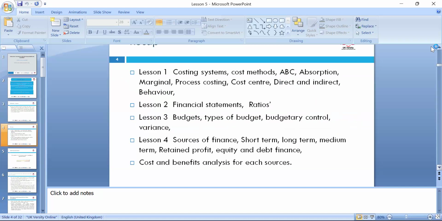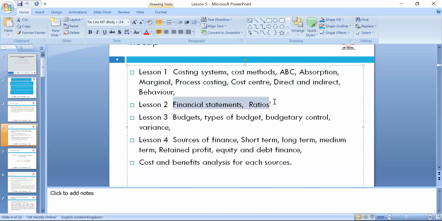In lesson 1 we discussed costing methods: ABC, which is activity-based costing, absorption costing, marginal costing, and process costing. In the second lesson we discussed financial statements and ratios.